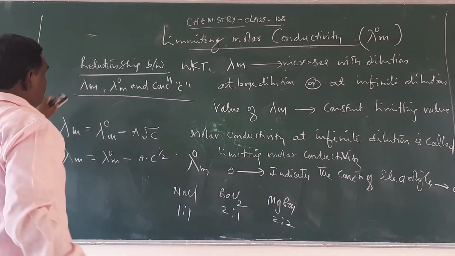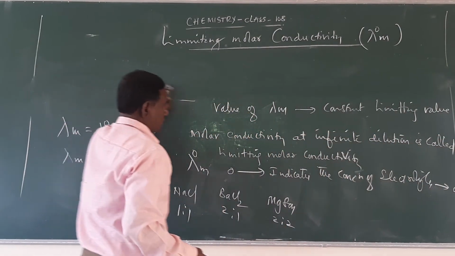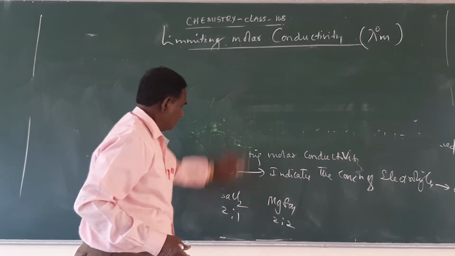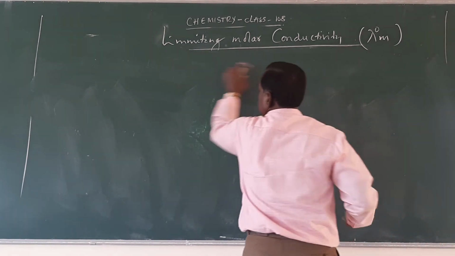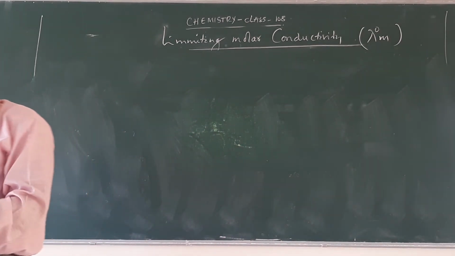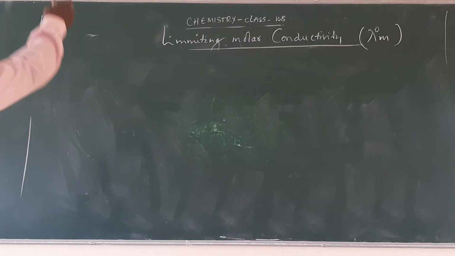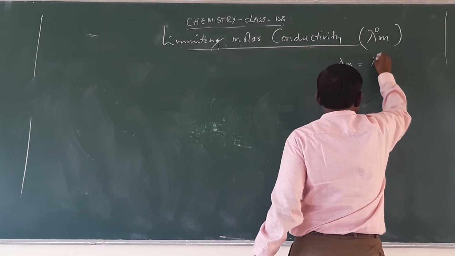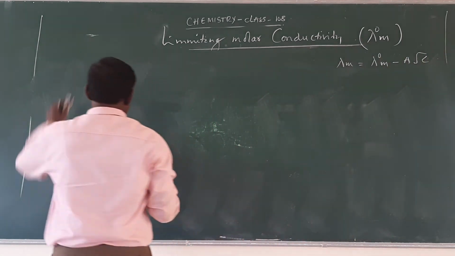Let us continue with the graph of lambda against root C. Taking lambda m is equal to lambda naught m minus A into root C, let us draw the graph.